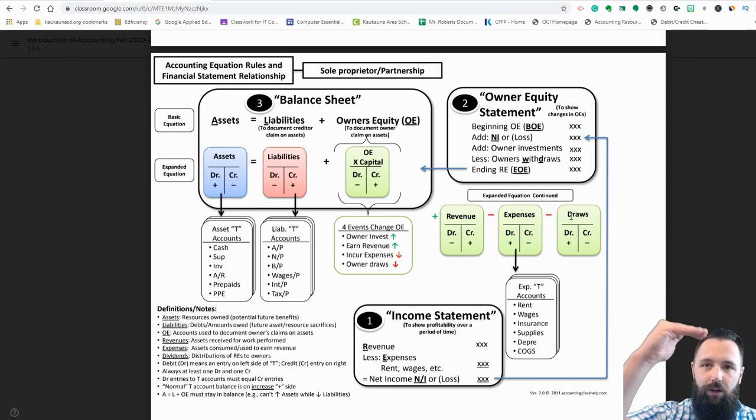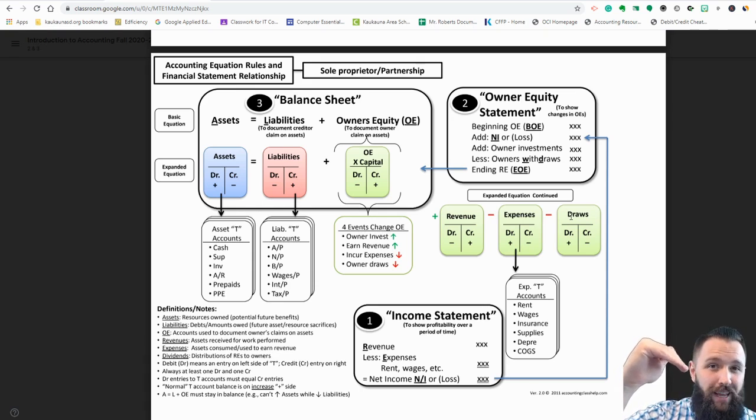So we have owner's equity up here, and then we have the sub accounts that are below it, right? And expenses, if owner's equity needs to decrease, well, we need to debit our owner's equity, right? That's how it goes down.